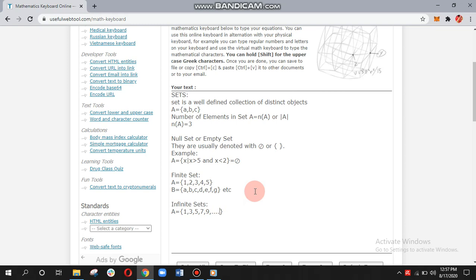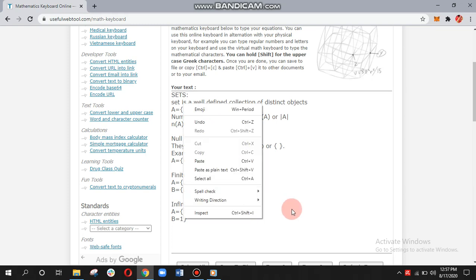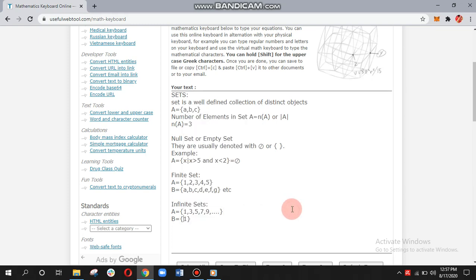We do not know where it is going to end. Secondly, if we take a simple 1, 2, 3, 4, 5 and so on, these are indicated as infinite sets.